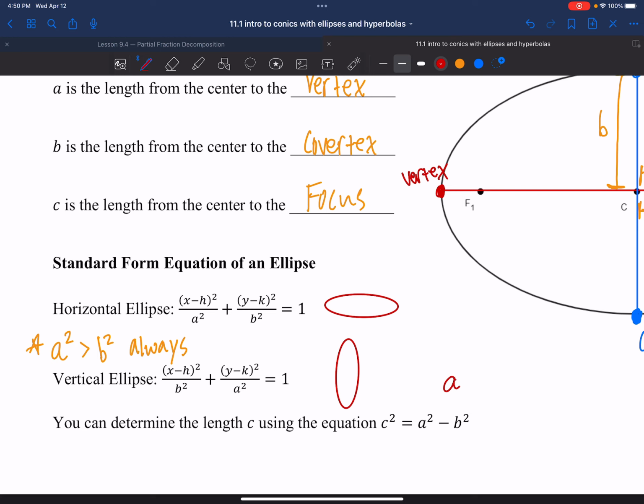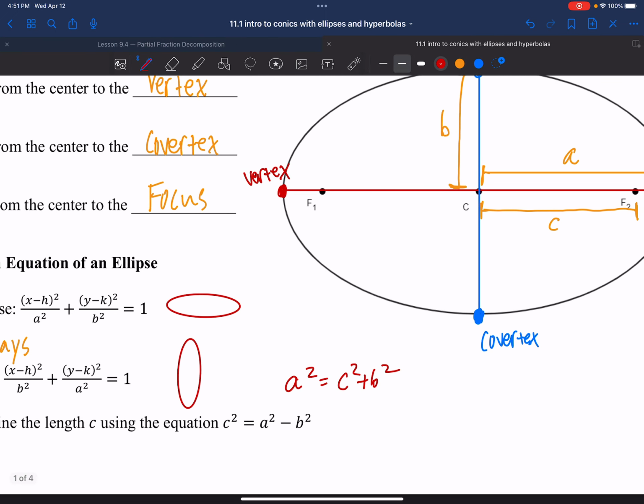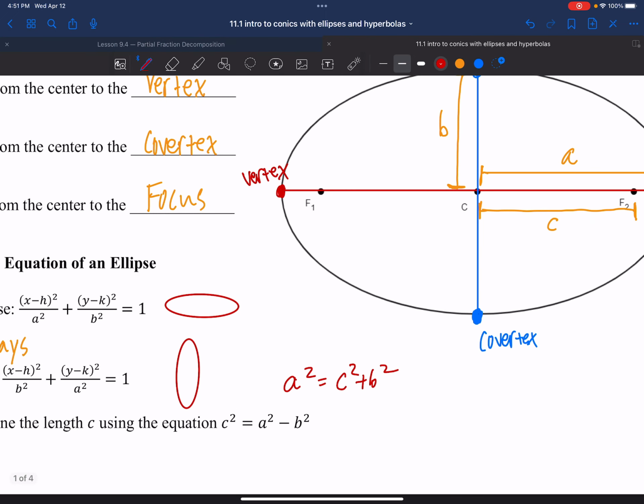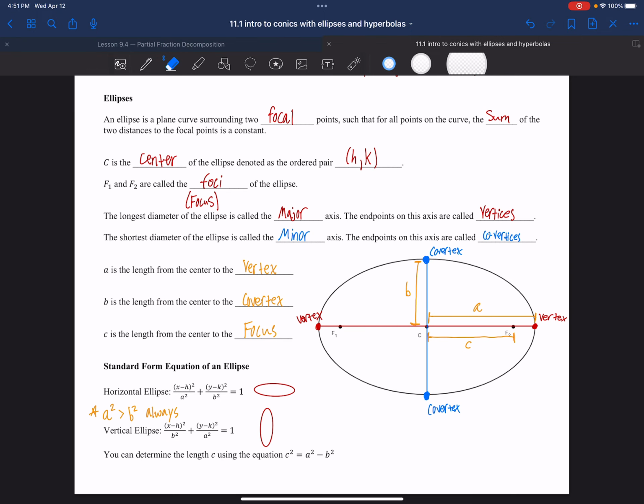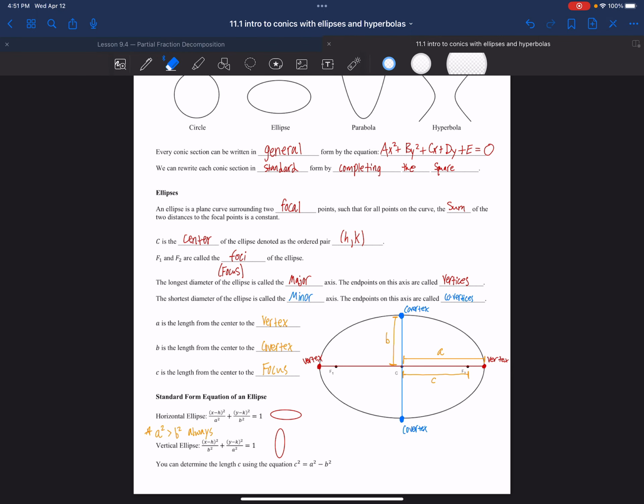And yeah, it is. A squared equals C squared plus B squared. This is a Pythagorean thing that comes up through the geometry of an ellipse. If you want to, you can go look up a video about that. I'm not going to talk about it here. But yes, that equation comes from Pythagorean theorem, dealing with triangles.